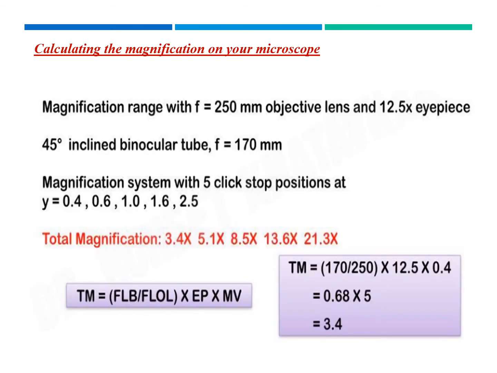So if you have to calculate the magnification on your microscope, it's just for your information. If you ever need to calculate the total magnification, this is given with an example.